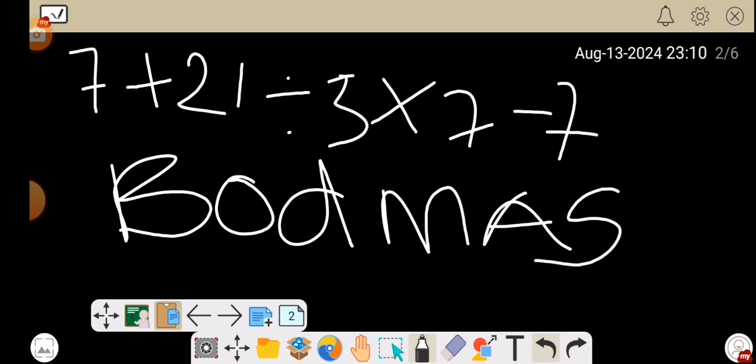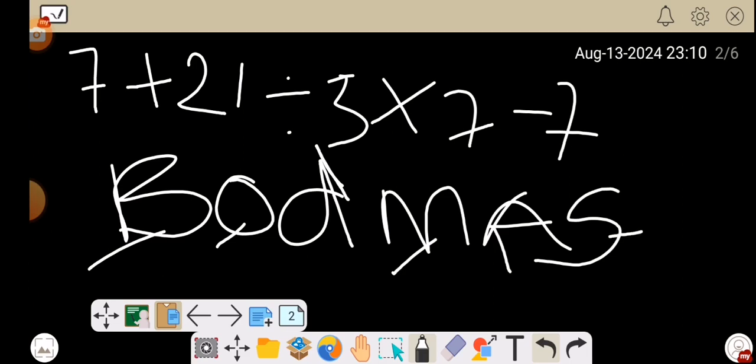BODMAS normally stands for B, which is brackets, then O, which is of, followed by D, division, then M, which is multiplication, followed by A, addition, and lastly subtraction.